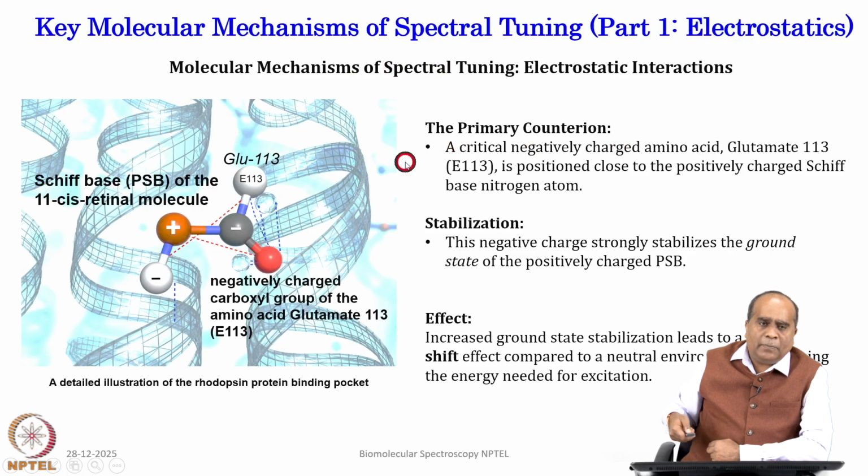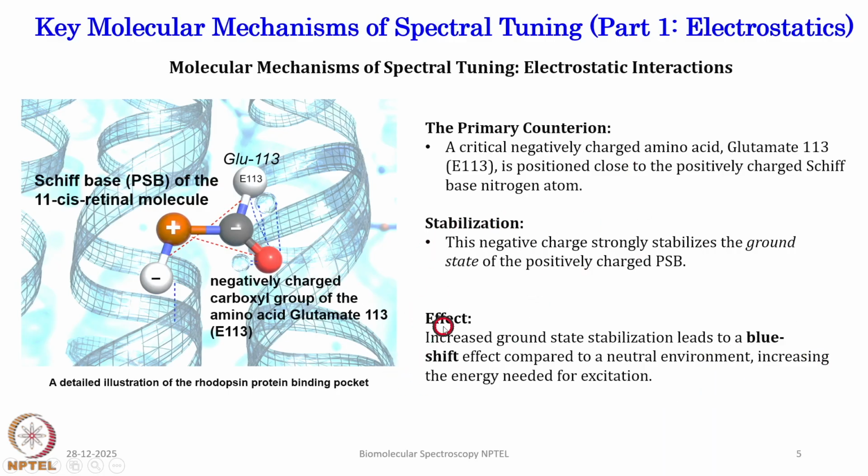So, if you look here, there is positive, negative charge, negative, positive charge, and here is a glutamate residue. This critical negatively charged amino acid, glutamate 113, is positioned close to the positively charged Schiff base nitrogen, and that interaction of negative charge with positive charge strongly stabilizes the ground state of the positively charged PSB, right.